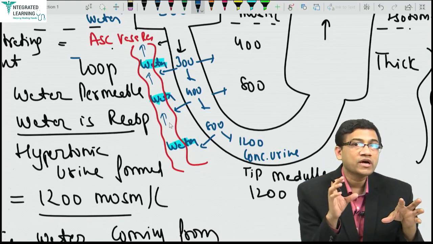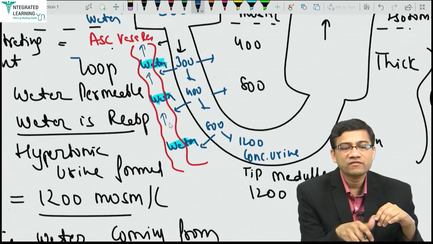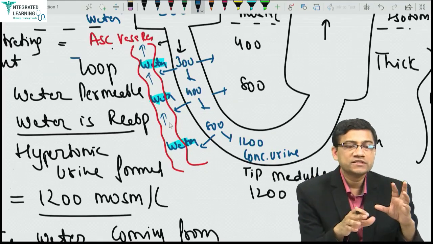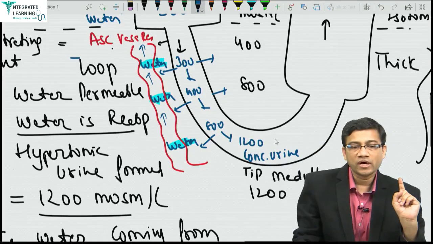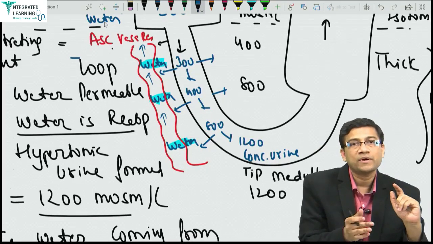That's why water will not accumulate in medulla, thanks to ascending vasa recta picking water from descending loop of Henle. That's what is called counter current. The urine is going down, but the blood in vasa recta is going up, counter current.